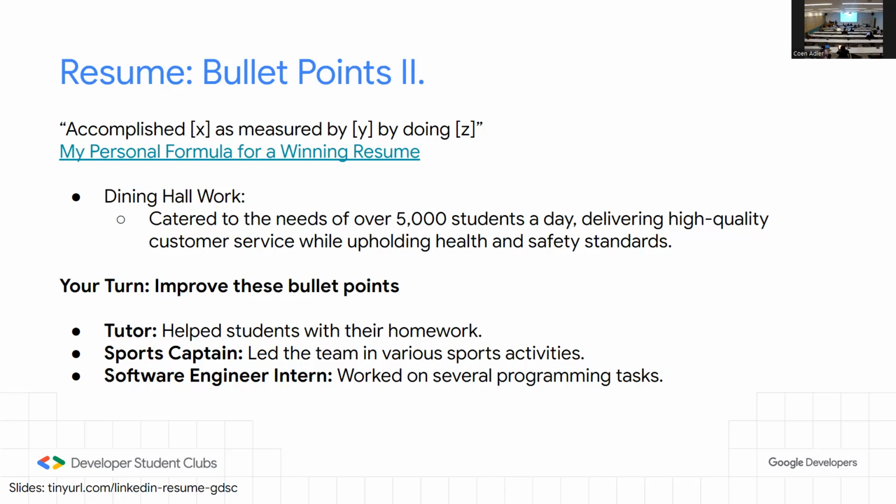It's just trying to portray quantifying your accomplishments, because recruiters like to see numbers since that shows you've had actual impact. For example, if you were working at the dining hall, instead of saying did the dishes, mop the floor, and so on, you could say cater to the needs of over 5,000 students a day, delivering high quality customer service while upholding health and safety standards.